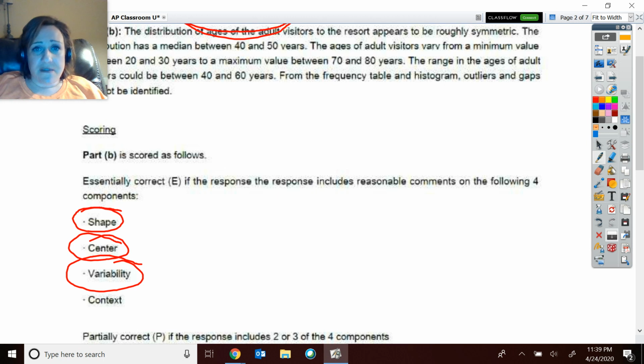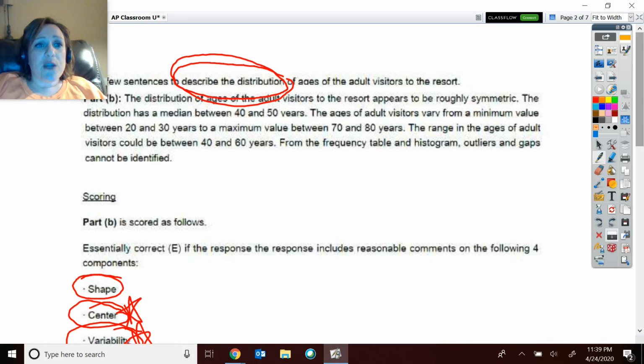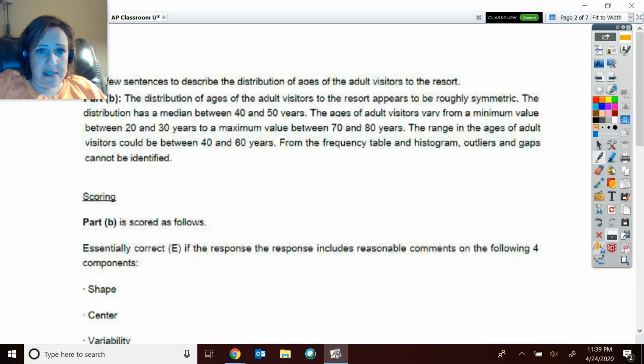You had to identify all of those. Plus, you had to give specific numbers and which measure of center you used for center, and specific numbers and which measure of spread you used for the variability. They want context also. So here was their ideal solution. They said that this was roughly symmetric.